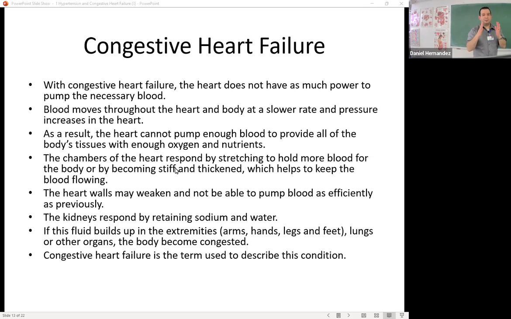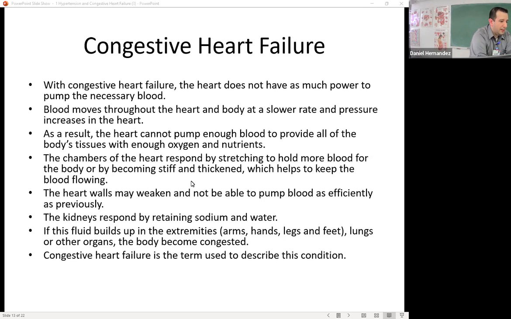If it doesn't have good systolic function, the heart's going to try and become stiffened or thickened to try and force that blood out itself. If it doesn't have the ability to contract, it's going to become more thickened, so that what comes in is forced back out to keep the blood circulating.